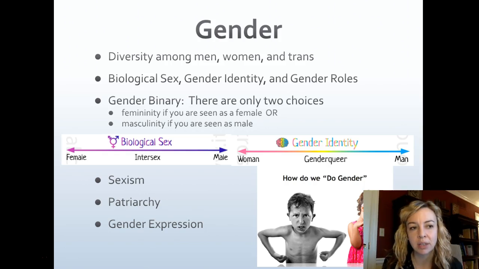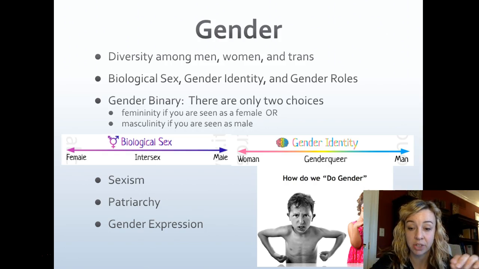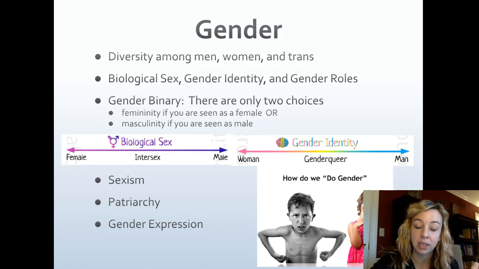All of those things, we have a sense of what a masculine one of those is and what a feminine one of those is. And so you could find that your gender expression is more masculine or more feminine, and that could actually be separate from, but maybe related to, your biological sex or your gender identity. And so depending on what your gender expression is, you might be experienced as more feminine or more masculine, and within a patriarchal society, you will have value placed on you based on your gender expression.